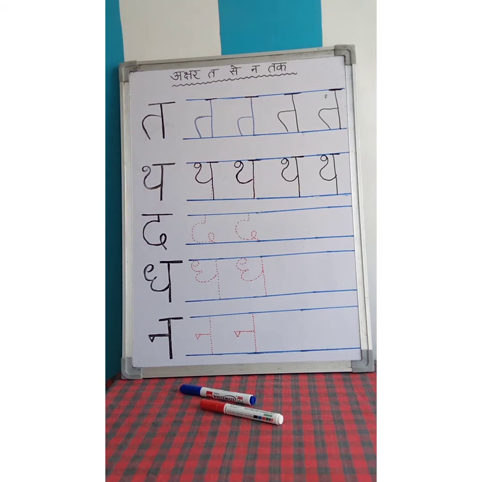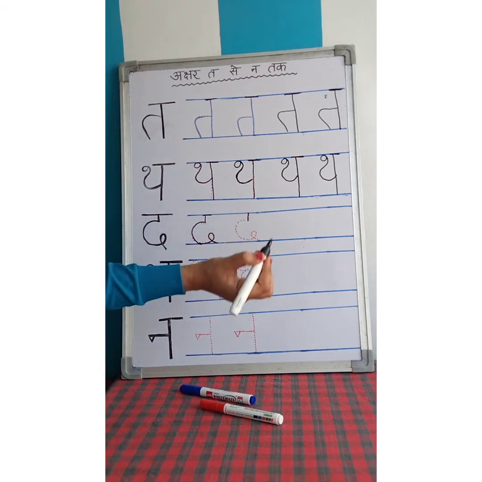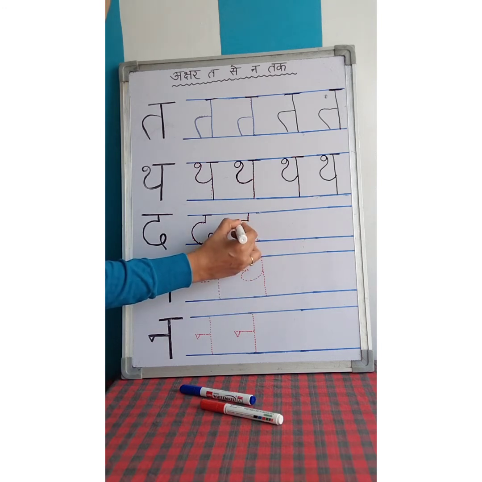Now the next is da. So students, you have already drawn ta, tha. So you all know the pattern. First we will draw tha. You all know how to write tha se thakkan, and then we have to just extend the small circle of tha in a tail form like this.